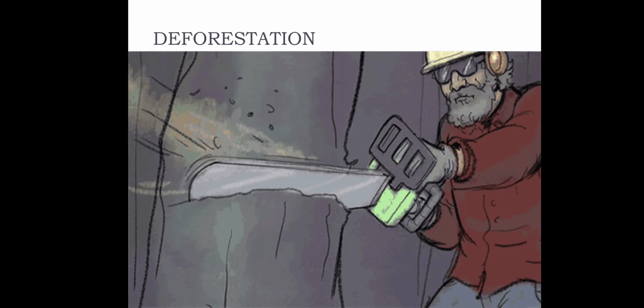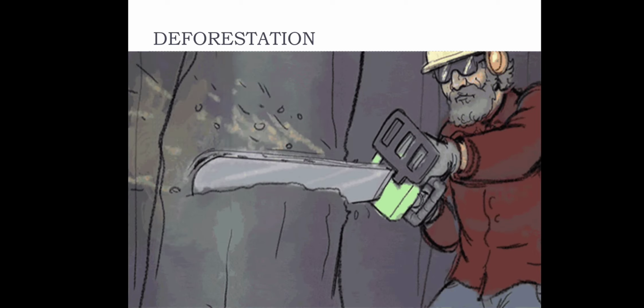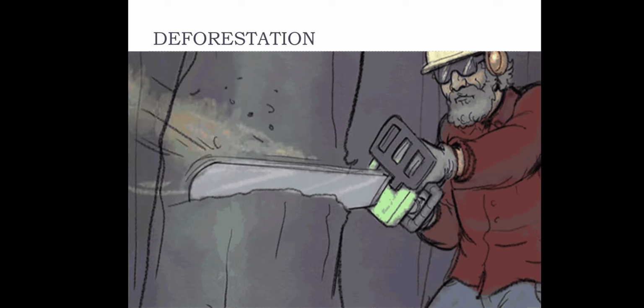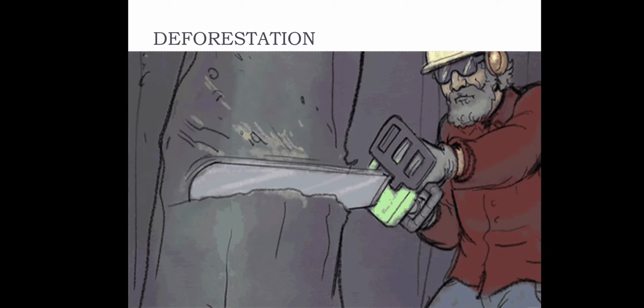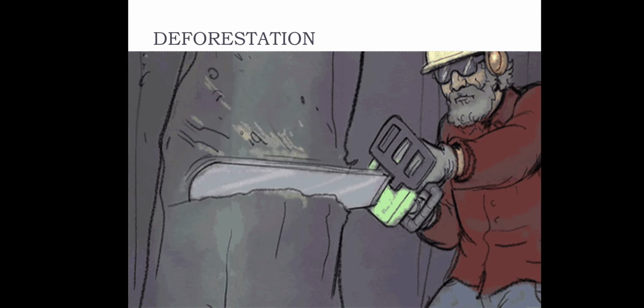The next one is deforestation. Deforestation is the destruction of forests due to excessive logging or cutting of trees. These trees are the sources of food for both man and animals. They also provide shelter to many animals.